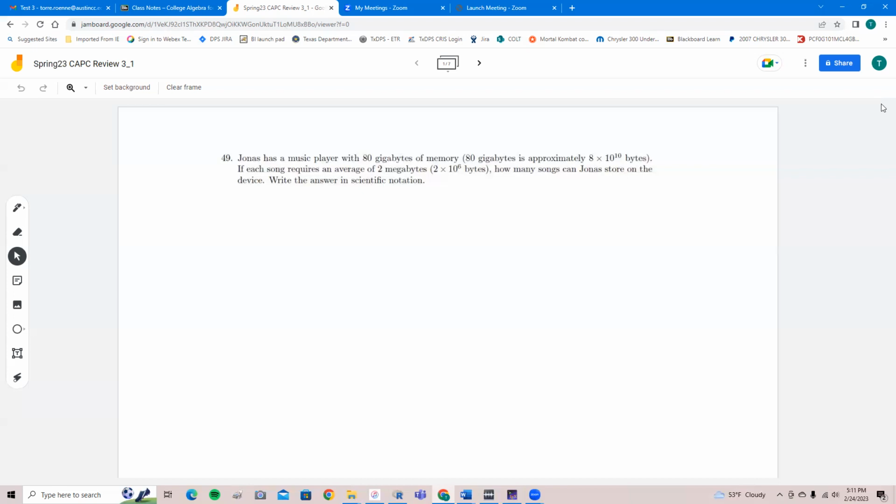So really all you got to do, if you think about it, you take the total space, maybe I should say total space available, and then divide it by the space each song takes up, even though that seems wrong. That's all you have to do, right?